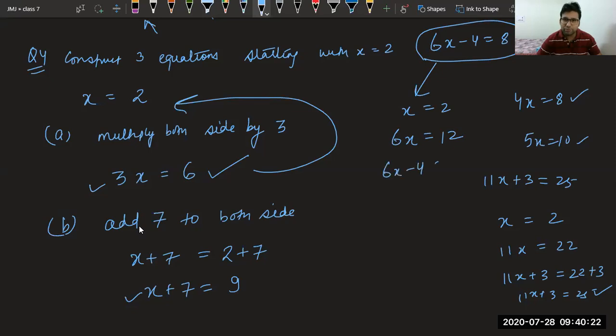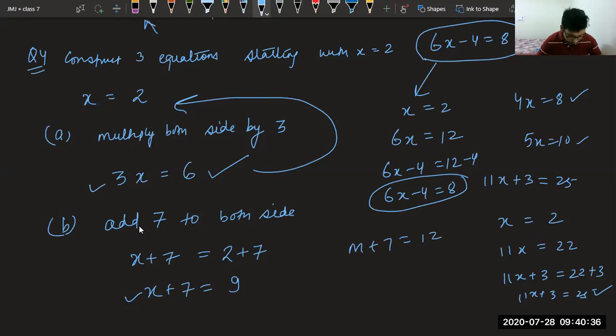It became 12 minus 4, that is 8. Very good Mervin, you are correct. Abhas saying m plus 7 equal to 12. Abhas, from where you got m? So this way you can form infinite number of equations.